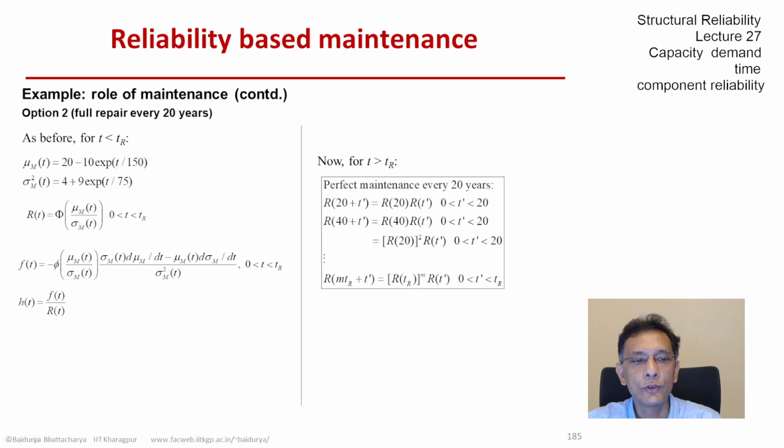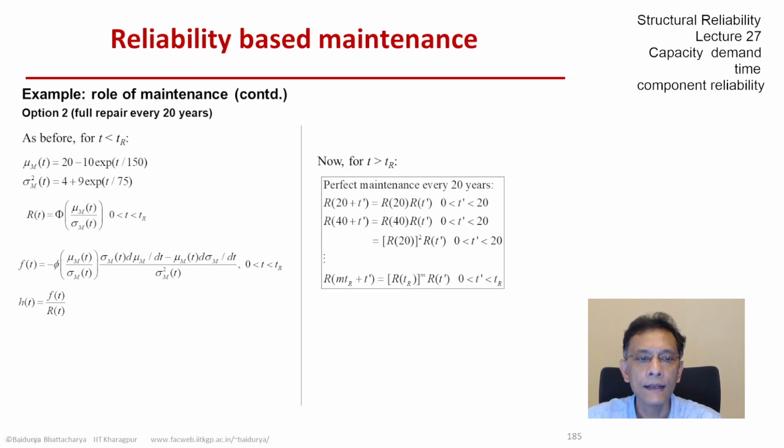R of 20 plus t prime is R at 20 times R of t prime. So t prime is the interval from the last repair. And because it's perfect repair, we have R at 20 plus t prime as the product of the two reliability values. And it's the same way for R at 40 plus t prime, which is R at 40 times R at, again, the time since the last repair, which is t prime.